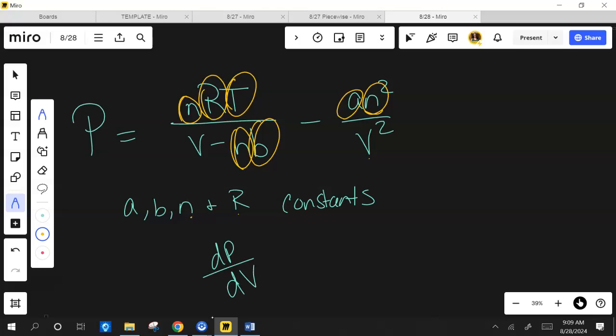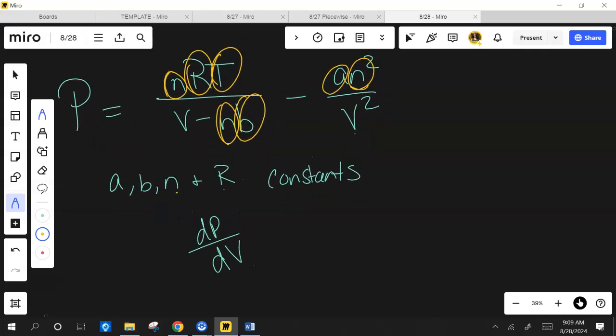Now, if I find the derivative, watch what happens. This is so neat. Quotient rule. Yes? Quotient rule? Derivative of the top. What's the derivative of a constant? 0. Derivative of the top times the bottom minus the top times derivative of the bottom.